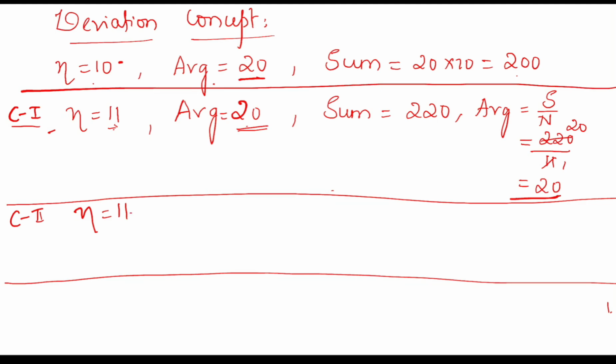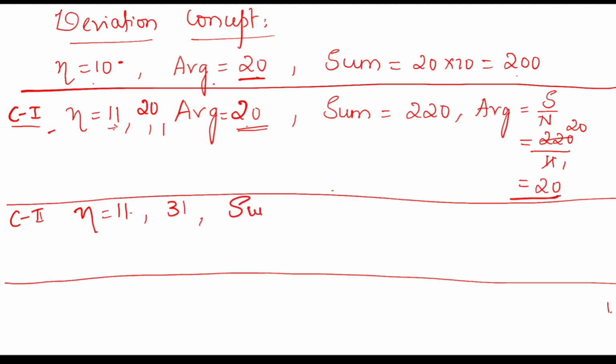Now if that child brings 31 sweets with him, whereas initially each child was bringing 20 sweets, so that time the average was 20 itself. Now this new child is bringing 31 sweets with him. When he brings 31 sweets, what will be the sum?